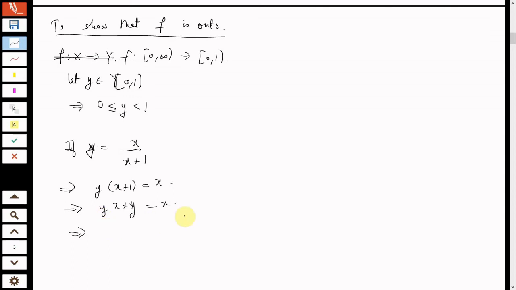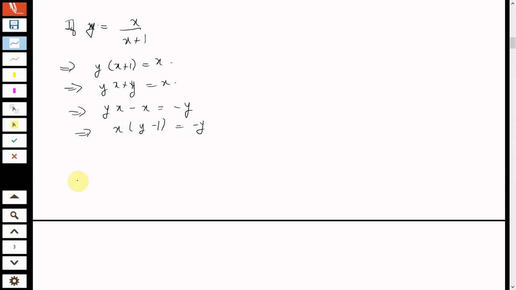So I take y to the other side, and from here I can remove x, and what remains is y equals x times 1 minus y, that is the same as writing x is equal to minus y by y minus 1.